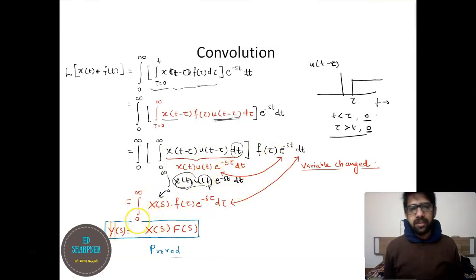Because we have the limits which do not have any variable, we have changed the dt from d tau. Okay, so anyway we had taken this out, so we can just assume this was d tau, so this remains same. And now we have x of s, which is constant, which is taken outside, and the remaining of the function you can see is f of s. So basically y of s is equal to x of s into f of s is true.